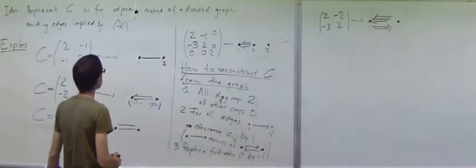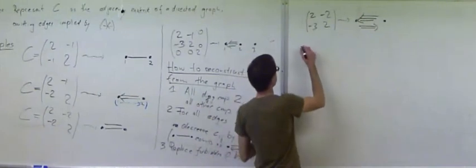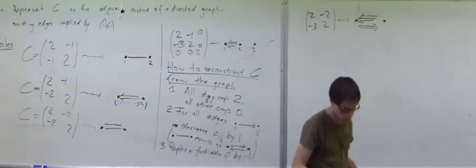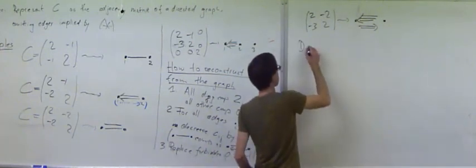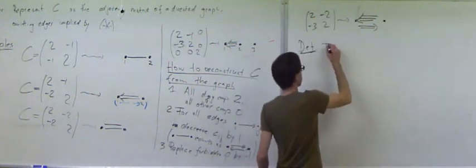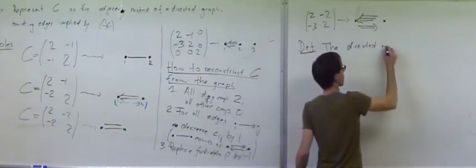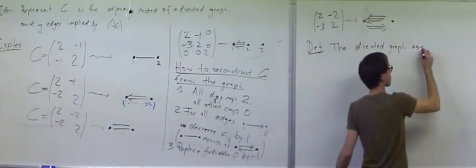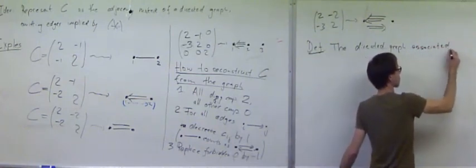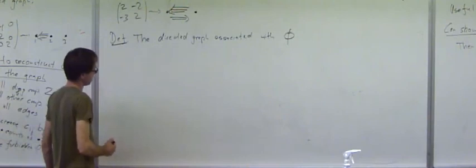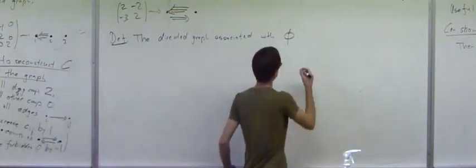So I'm not sure whether I mentioned the name. These are the Dynkin diagrams. Well, it's associated with C, but C itself was associated with a root system. So let's also say the directed graph is associated with a root system.